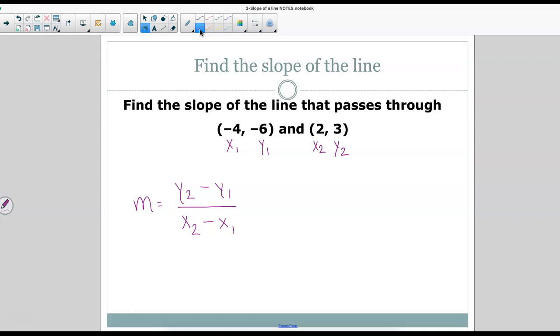Okay. y2 is 3 minus y1. 3 minus -6 over 2 minus -4, which ends up being 9 over 6.